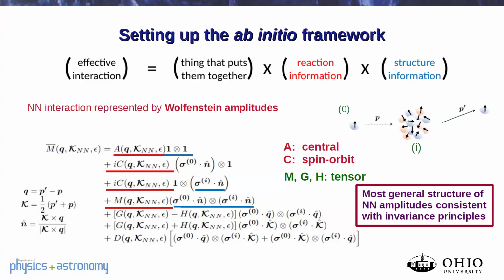So you populate these functions here, and you have the tensor operator you also populate here, and you have a counter term in effective field theory, there you populate A. These functions are called Wolfenstein amplitudes. They are scalar functions of complex variables. Okay, and that's the most general structure you can have.